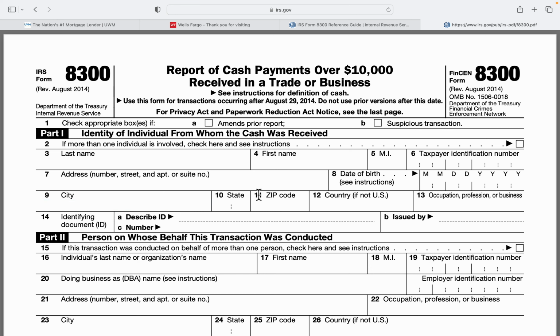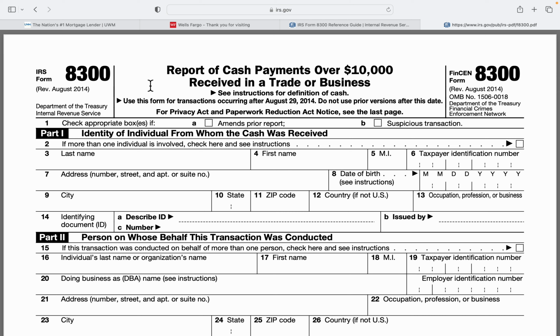This form may not be reflective of what happens on January 1st, 2024. As you can see, this form was last revised in 2014. So this form has been in existence for a while.